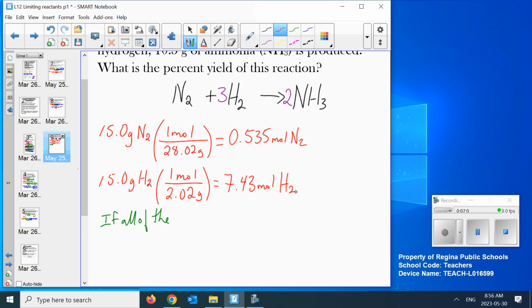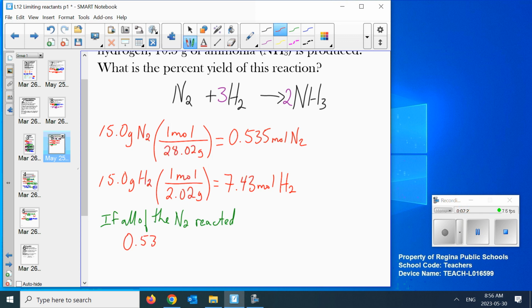Which one do we want to use for this, hydrogen or nitrogen? I don't care which one. Just choose one. Nitrogen. If all of the nitrogen reacted, let's start with that.